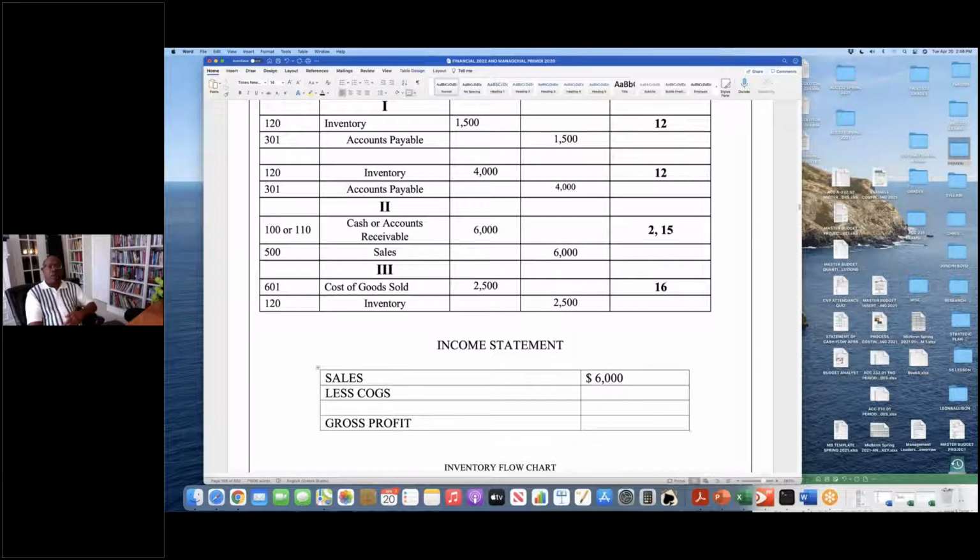Cost of goods sold was what? 2,500. So our gross profit on the sale of those 150 shoes was what? Is that 3,500? Yes.